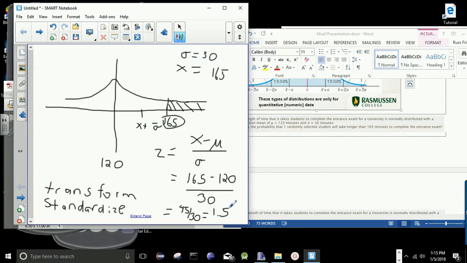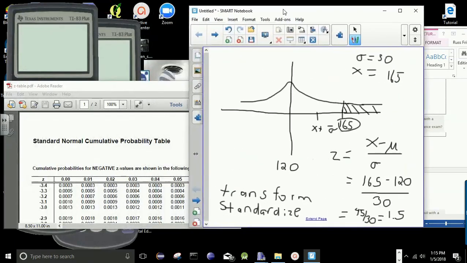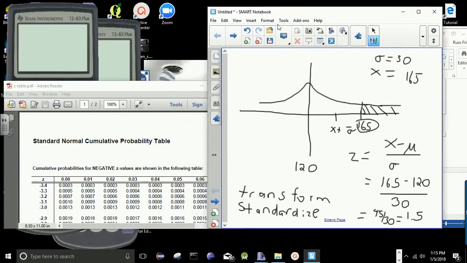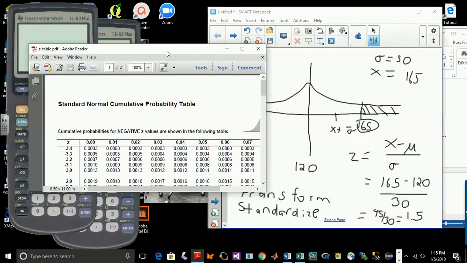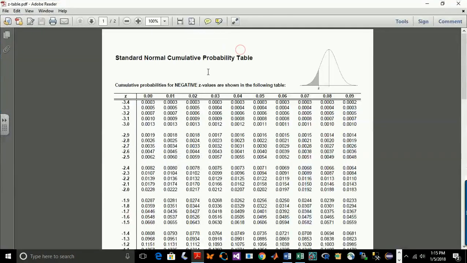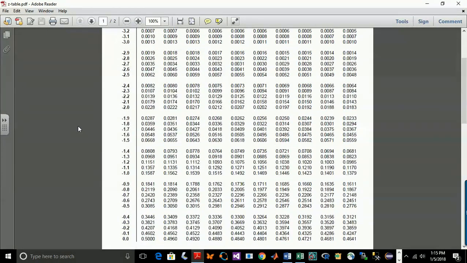So what do you do with this standardized score? Well, you may recall from an earlier statistics class that you look up the probability in your z-table, your standard normal cumulative probability table. The z-scores are in the margins. So we have a z-score of 1.5.